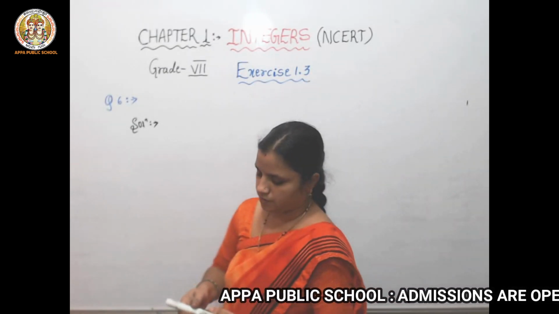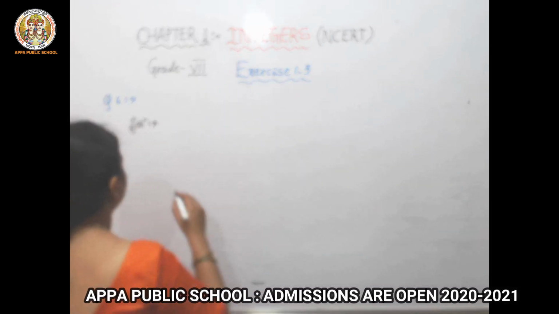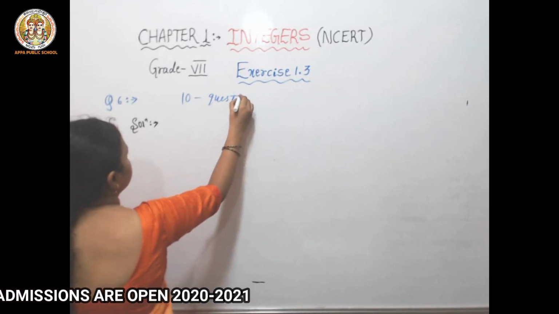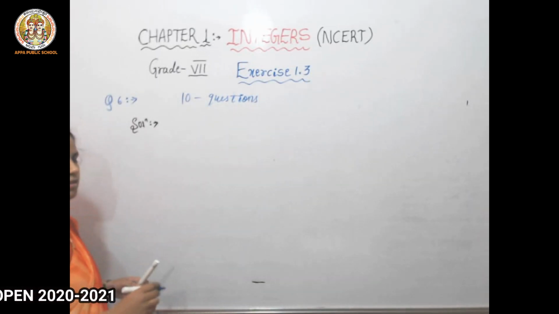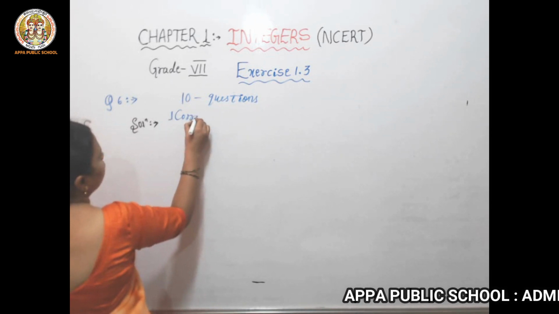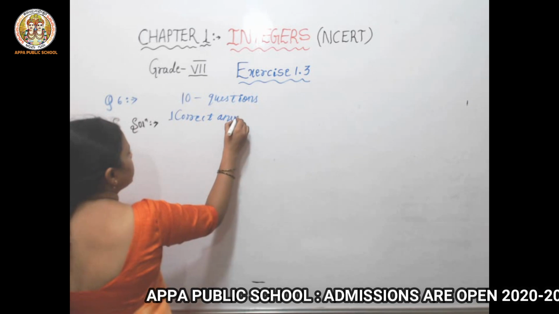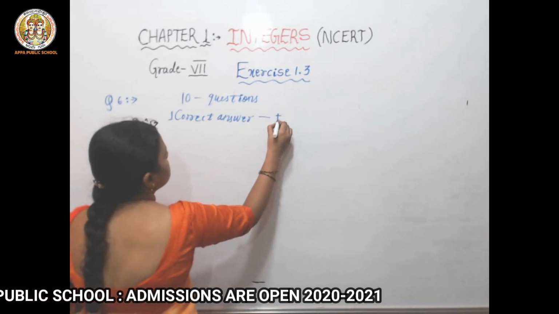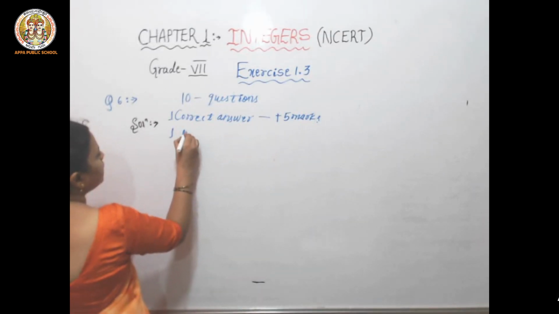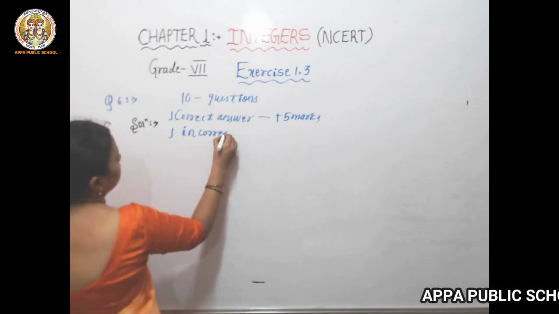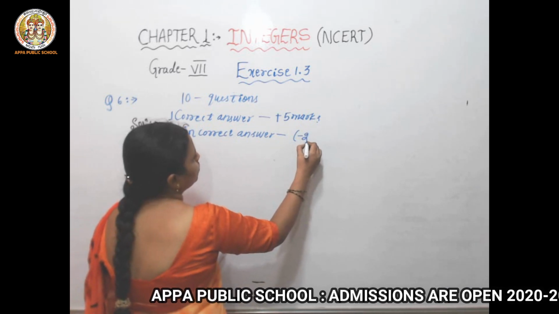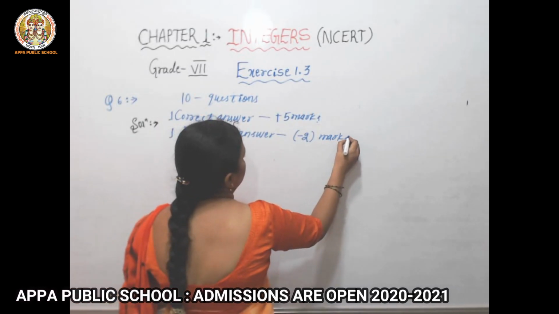Let me write the data from the question. There are 10 questions. For one correct answer we give plus 5 marks. For one incorrect answer the marks are negative, -2 marks.